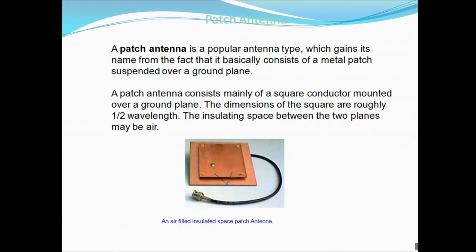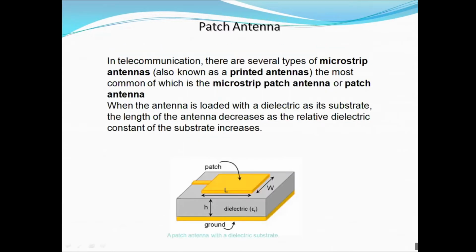The insulating space between the two planes may be air. Here is an example. This is the basic construction. The base is the ground and the gray color is the dielectric material. Over that surface is the microstrip patch antenna.